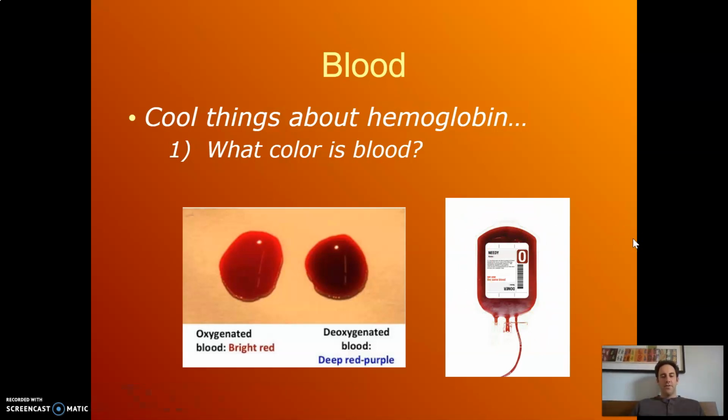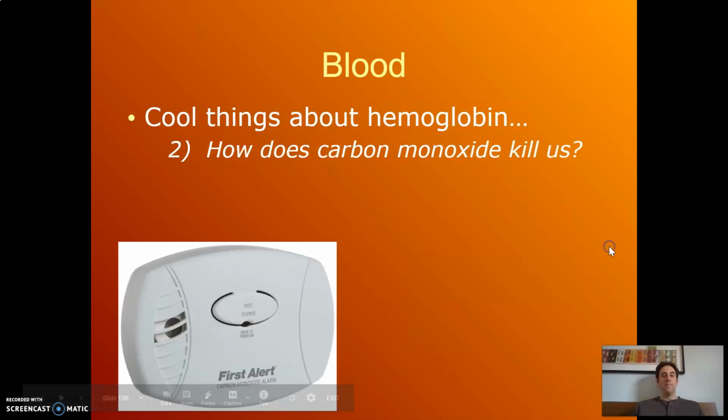Versus when you get a cut, because when you get a cut, oxygen from the atmosphere immediately binds to the hemoglobin and turns it that bright red. But obviously, they don't want blood donations exposed to air, and so it's taken out of veins, which is oxygen poor blood, and then kept free of oxygen. So it's that kind of brick red.